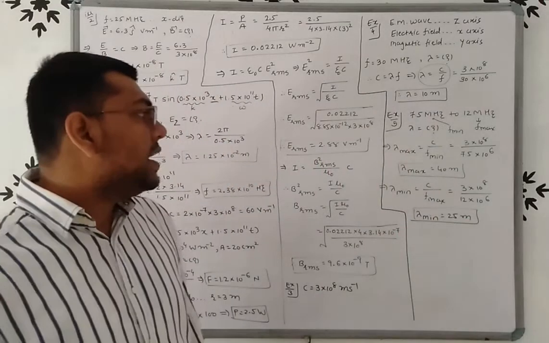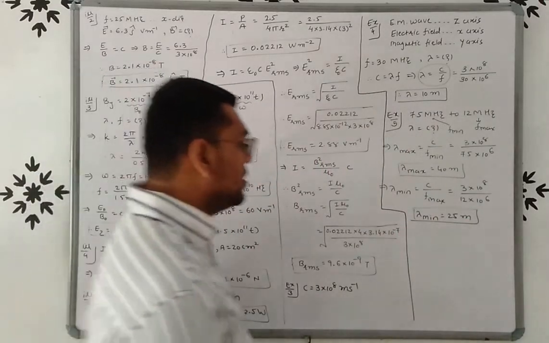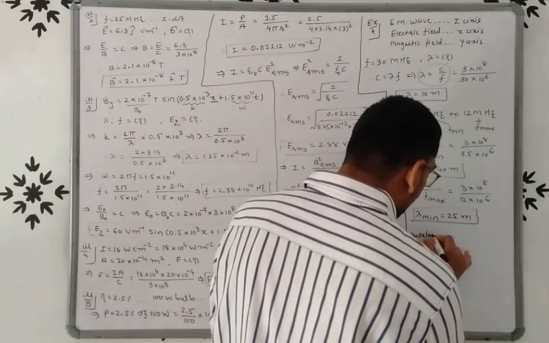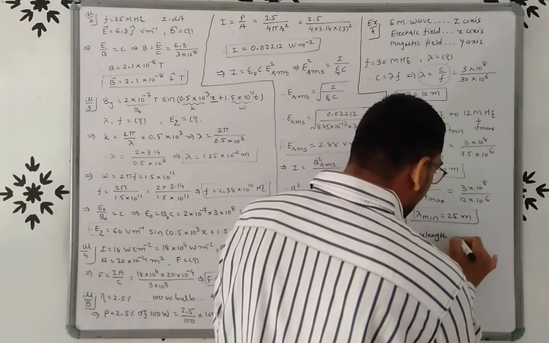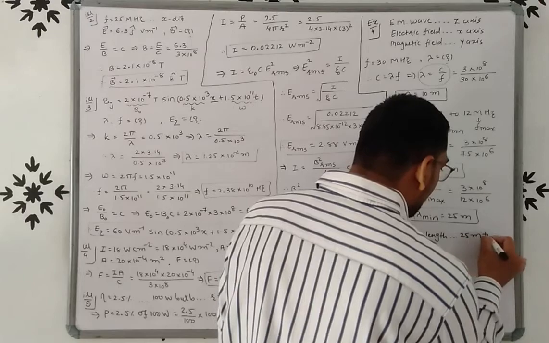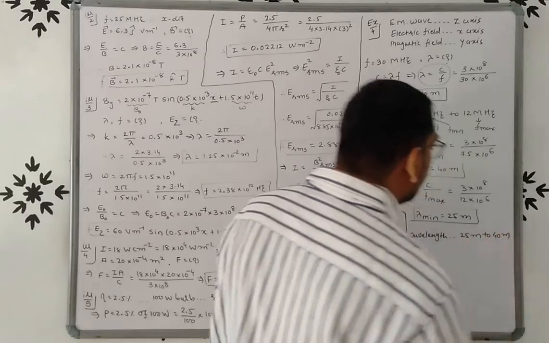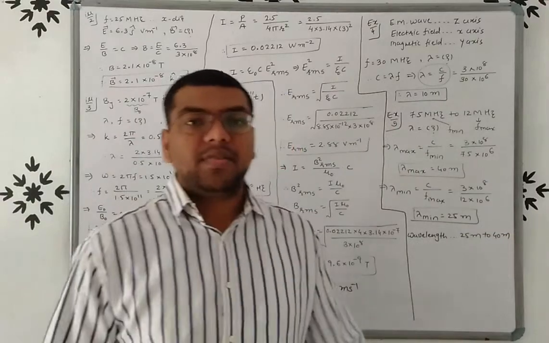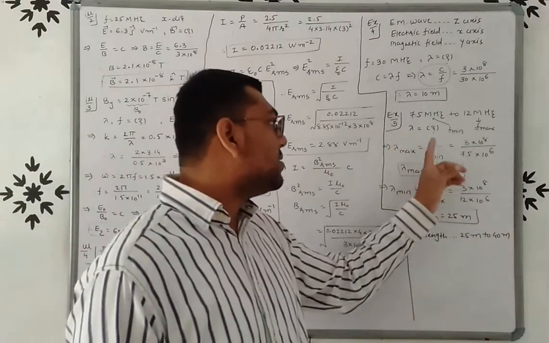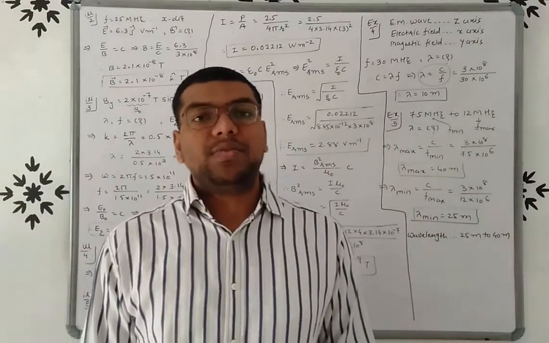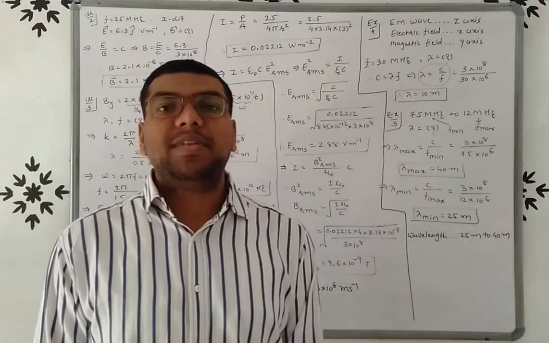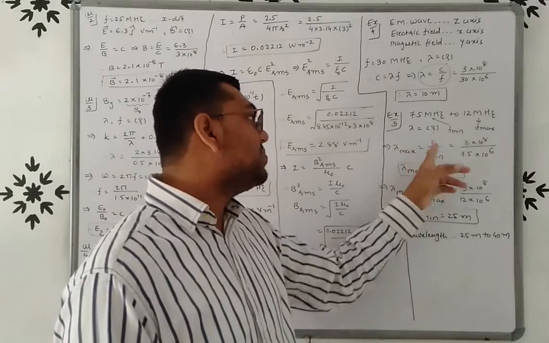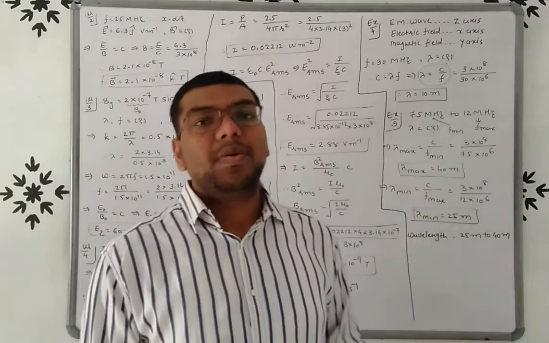So what is the range of the wavelength? So the range of wavelength will be 25 meter to 40 meter, right? So we already know the relation between wavelength and frequency. Lambda is equals to c by f. So if frequency is minimum, then wavelength maximum. So for maximum wavelength, lambda maximum, c by minimum frequency.